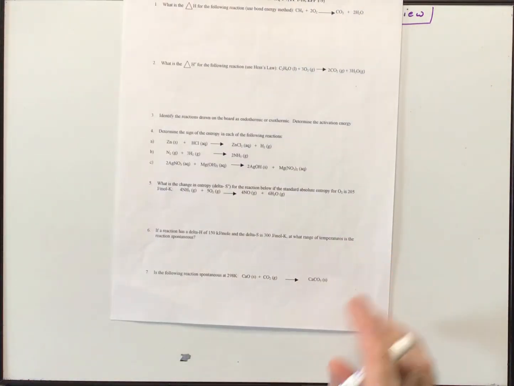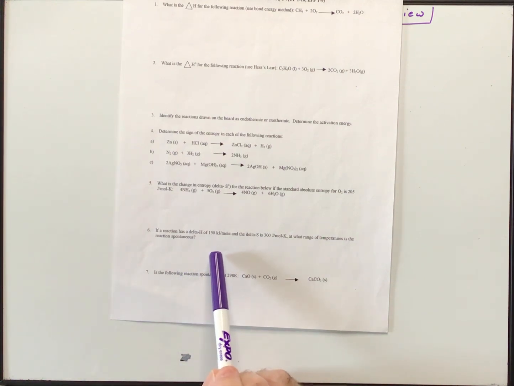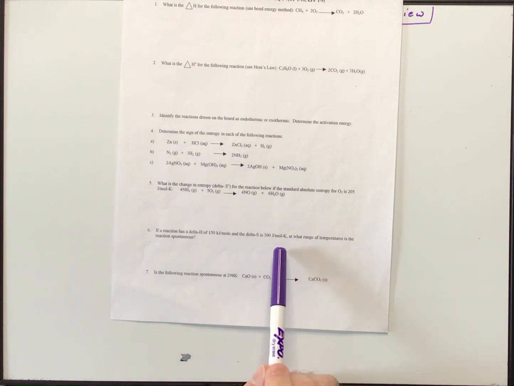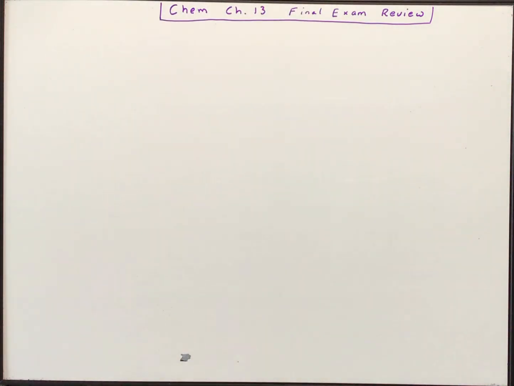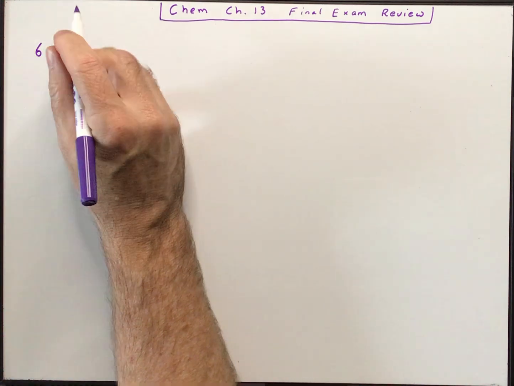All right, number 6 says if a reaction has a delta H of 150 kilojoules per mole, and the delta S is 300 joules per mole K, at what range of temperatures is the reaction spontaneous? Well, if you see range of temperatures, you're not going to be using table 4. You're going to be using this equation.